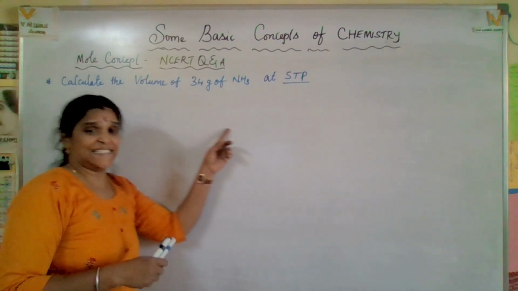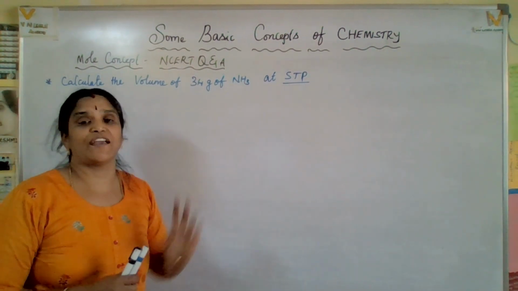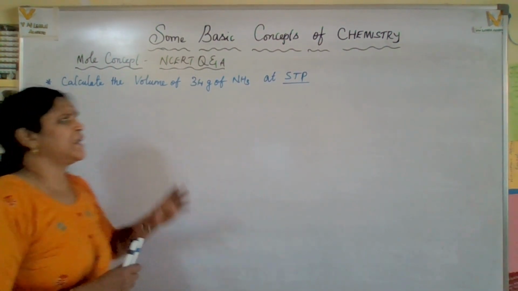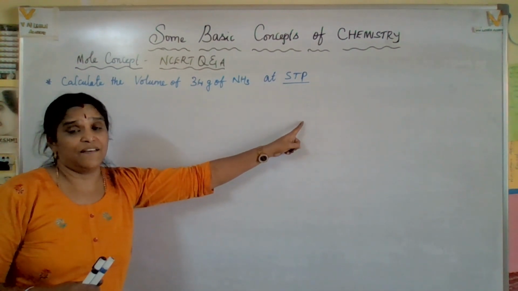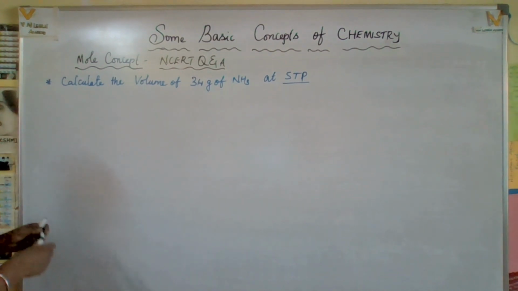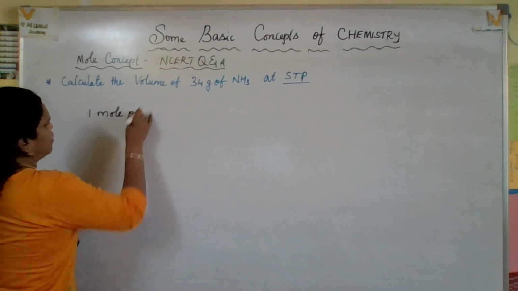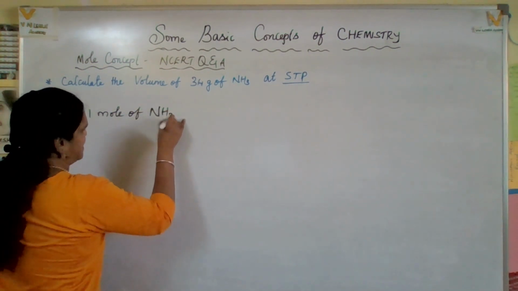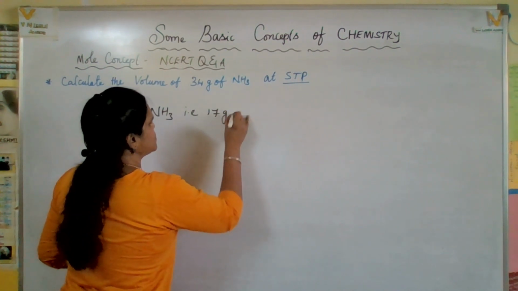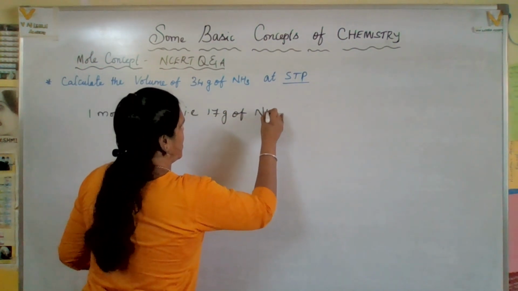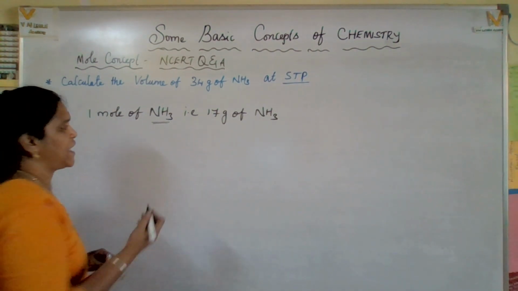This is a very easy and interesting question. Calculate the volume of 34 gram of ammonia at STP. Simple one. Let us find out the volume of 1 mole of ammonia at STP. Then we can go for 34 grams of ammonia at STP. 1 mole of ammonia is 17 grams of ammonia. Why did I mention 17 gram? 17 grams of ammonia is 1 mole of ammonia, right?